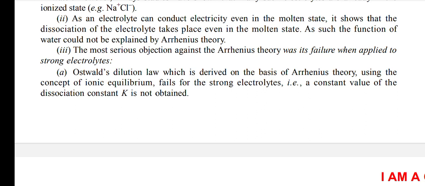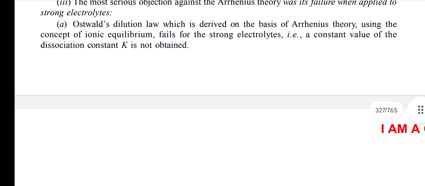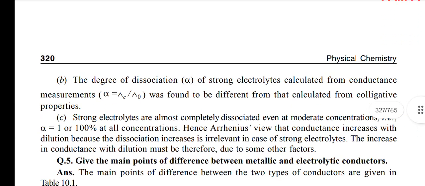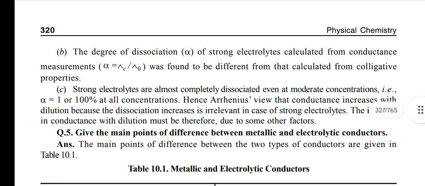For example, a constant value of the dissociation constant K is not obtained. The degree of dissociation alpha of strong electrolytes calculated from conductance measurements, alpha = lambda c by lambda naught, was found to be different from that calculated from colligative property.